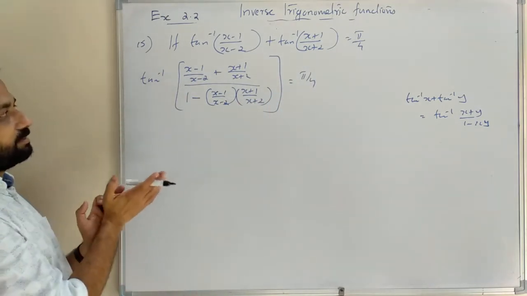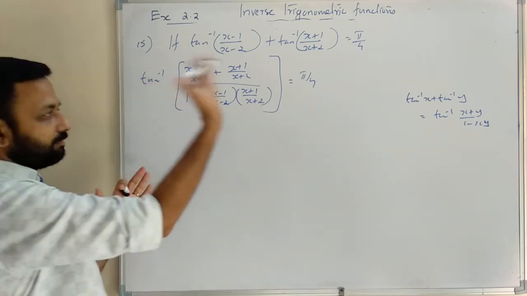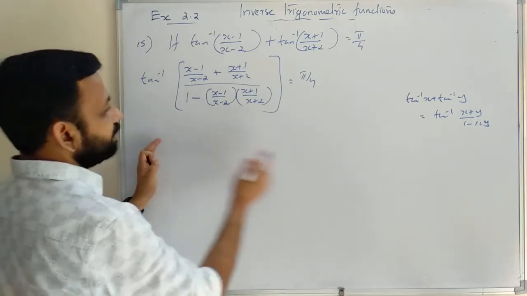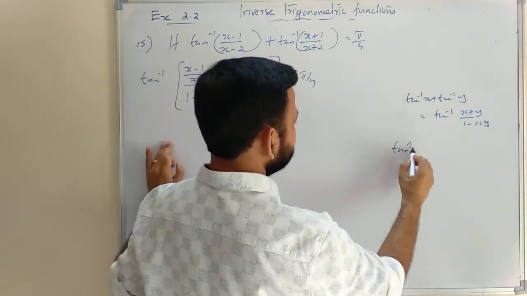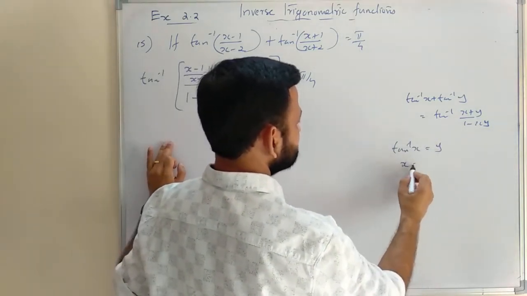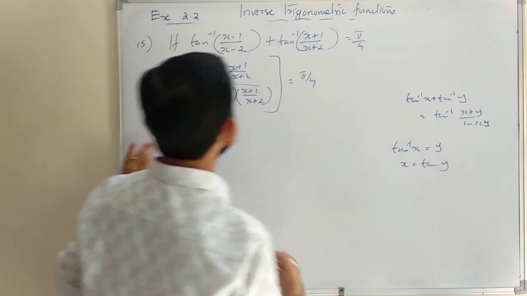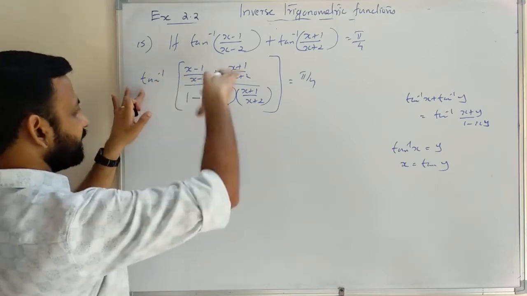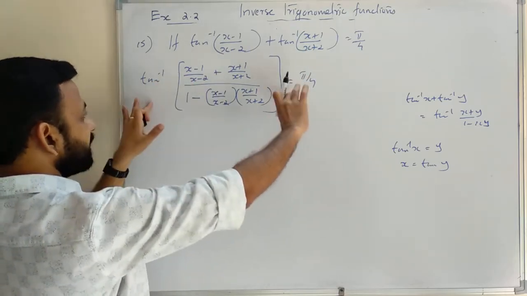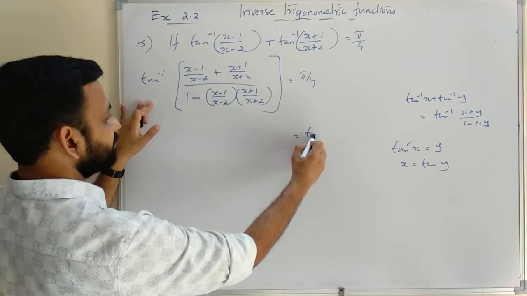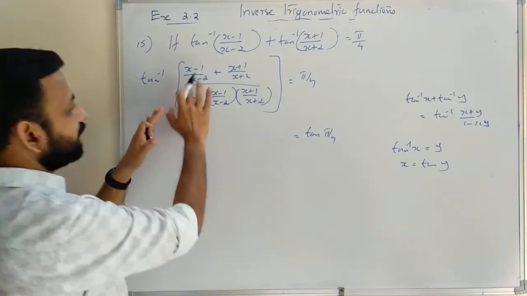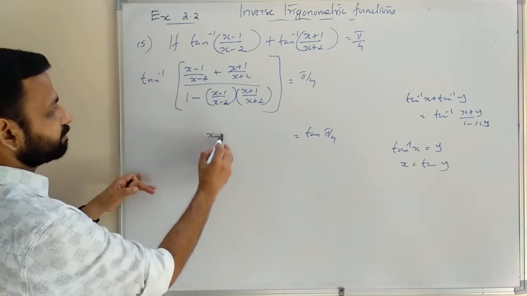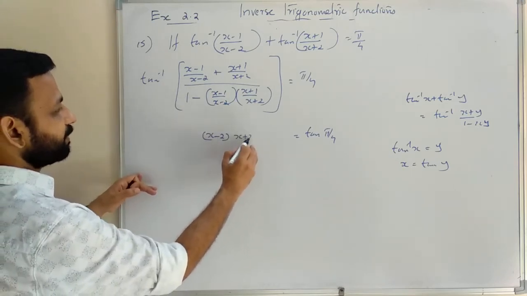Now we can keep tan inverse with the RHS. When tan inverse x is equal to y, therefore x is equal to tan y. So the right side will be tan pi by 4, and on the left side we take the LCM, x minus 2 into x plus 2.